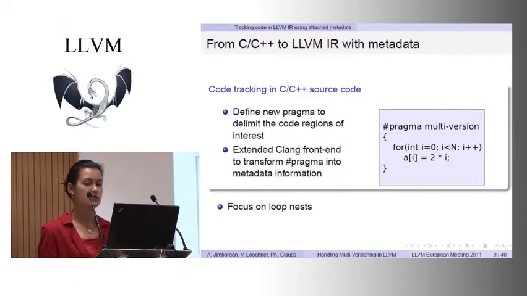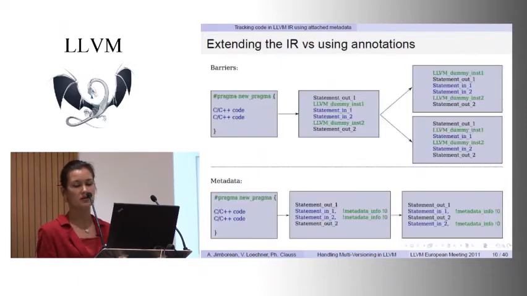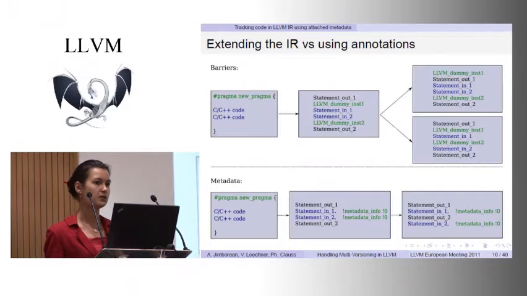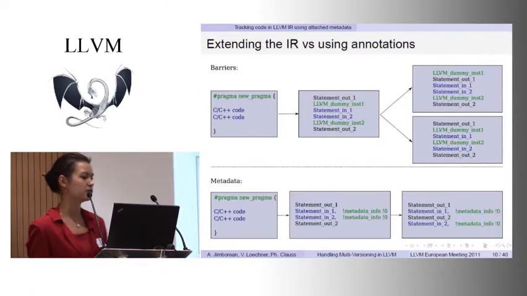Afterwards, in the LLVM intermediate representation, we had several possibilities. Either we use barriers, so some dummy instructions that enable us to delimit the region of interest. The problem with barriers is, first of all, that they have to be new instructions, or instructions that are not used anywhere else in the code. A second problem is that the optimizations would eliminate them as dead code since they are not useful.